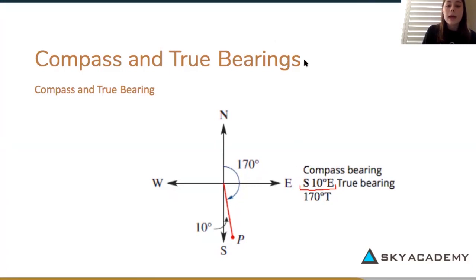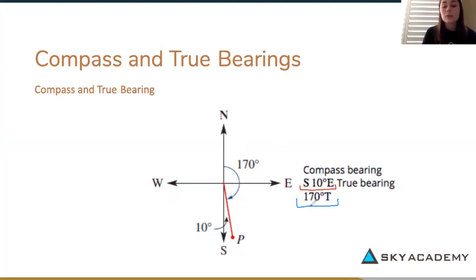And if we have a look in blue, we have our true bearing, because we have one point of origin, which is north, and a true bearing is indicating how far you are going around from the point of north. And so it is indicating that we are 170 degrees. And they have written true on the end, or T, indicating it's a true bearing.